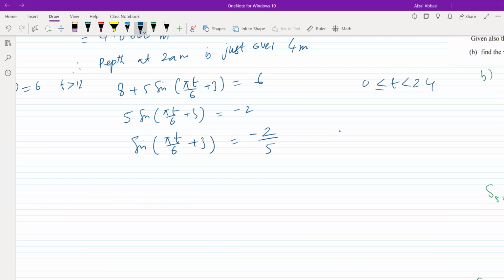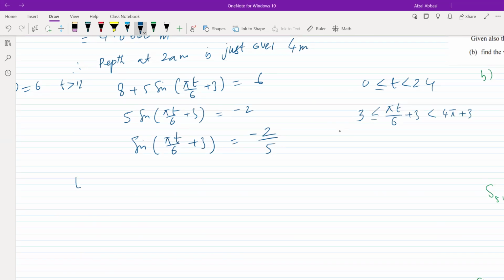So we multiply by pi first, then divide by 6, then add 3. 0 multiplied by pi is 0, divided by 6 is 0, add 3, we get 3. And 24 multiplied by pi divided by 6: 24 divided by 6 is 4, so it will be 4 pi, and then we add 3. So this is the range that we have to consider while solving this equation.